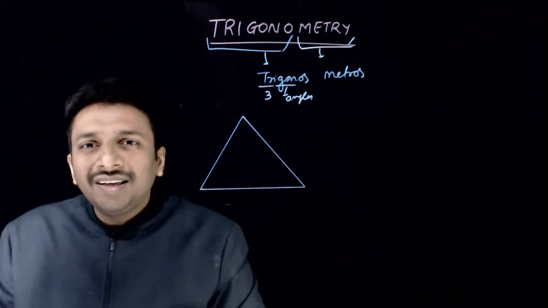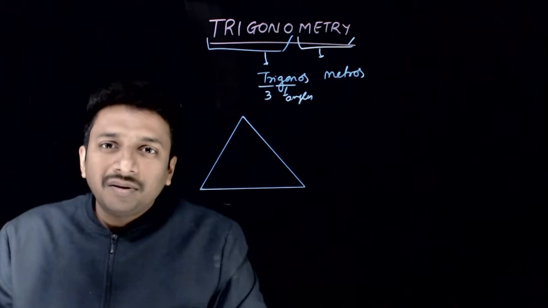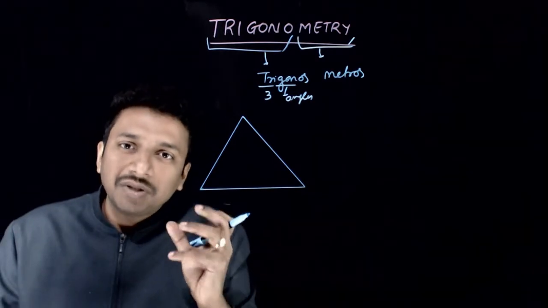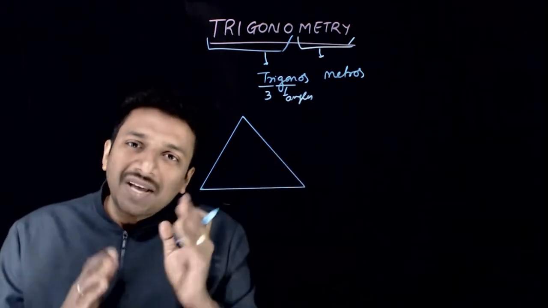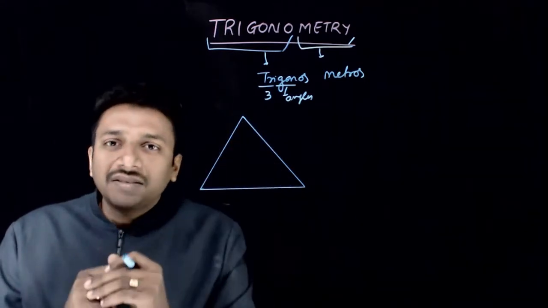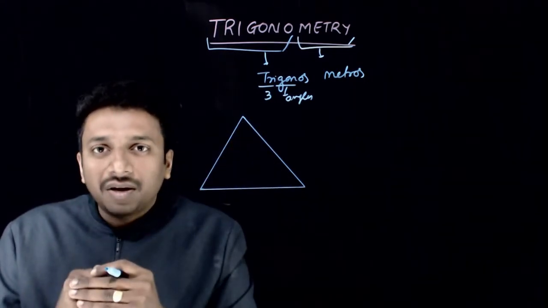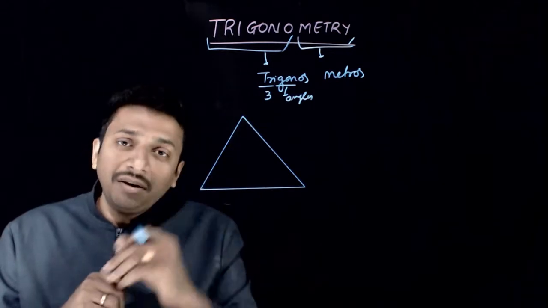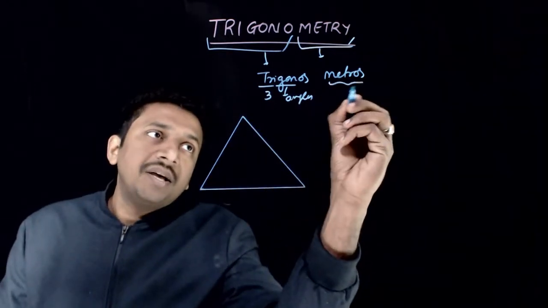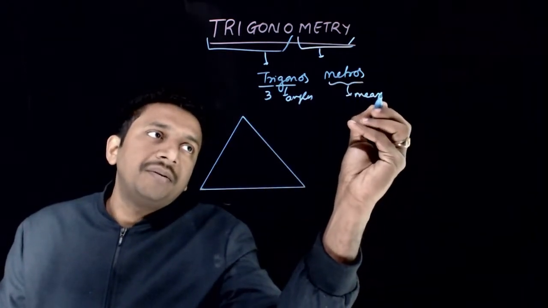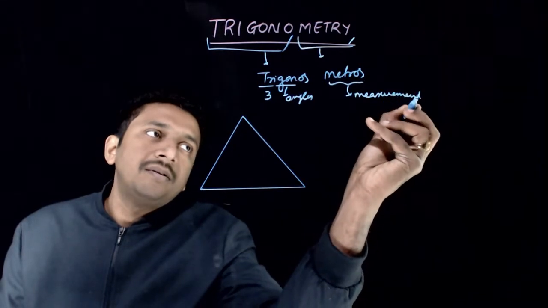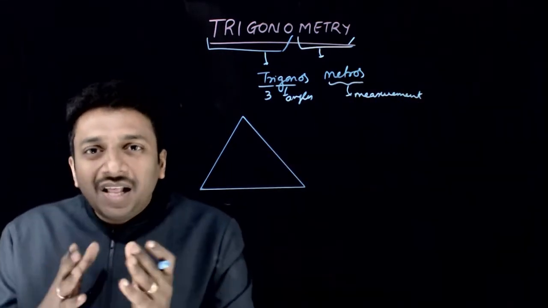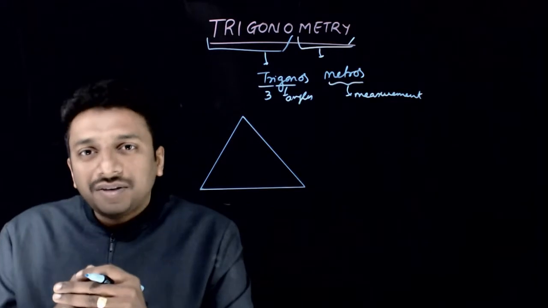You would have already heard the words polygon, pentagon, hexagon, and so on. So gon means angles, and a three-angled, that is a three-sided figure, is called a triangle or a trigon. And metros means measurement. So trigonometry basically deals with measurement of triangles.